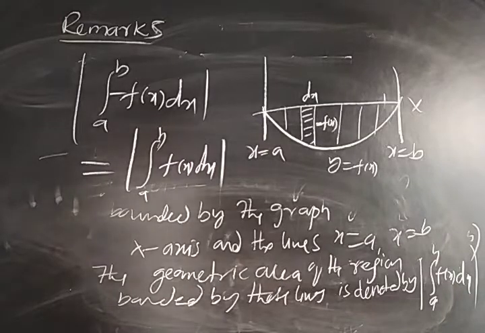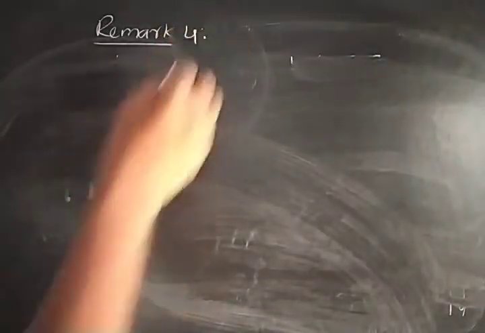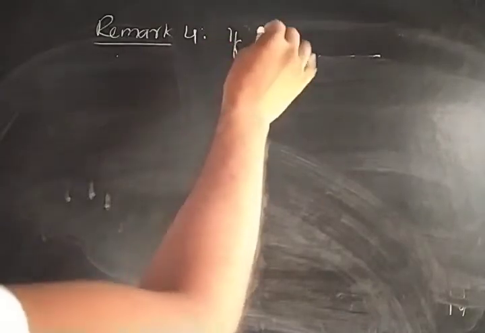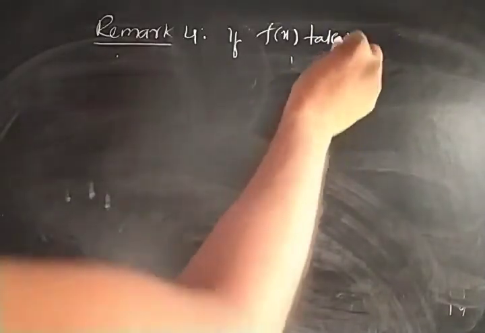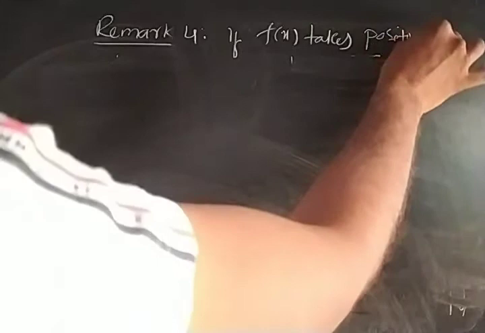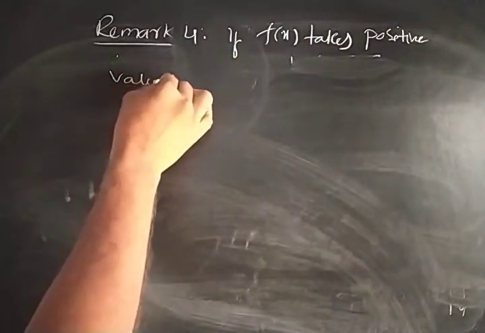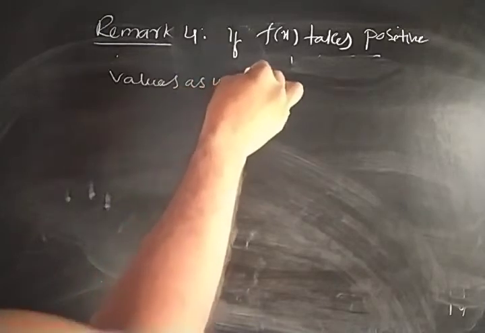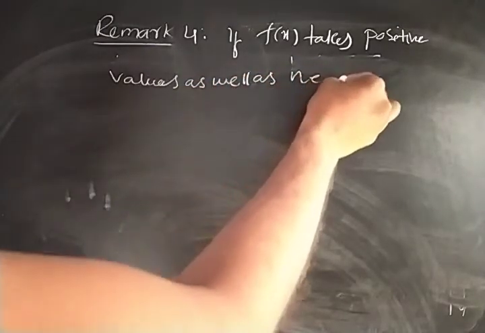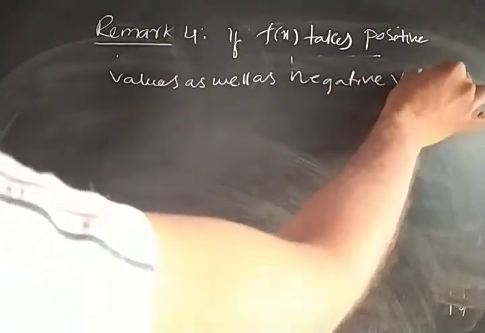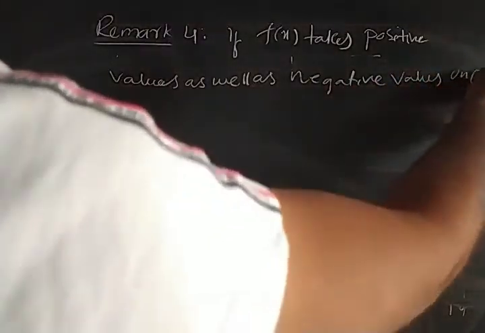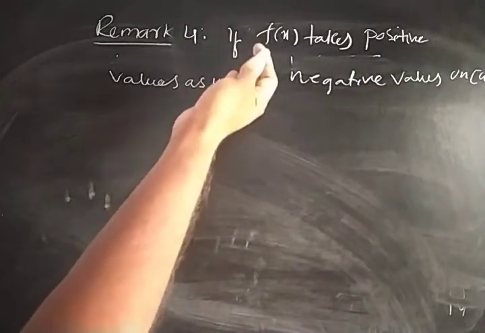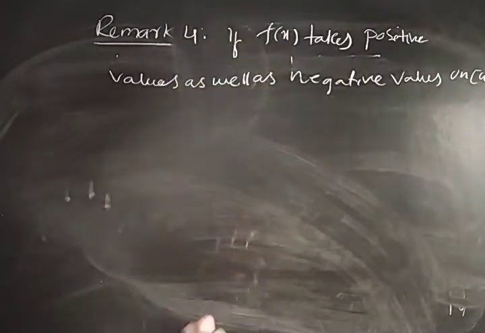Okay. Now the fourth remark. If f of x takes positive values as well as negative values on the closed interval a comma b, some part of the graph is above the x-axis and some part is below the x-axis.